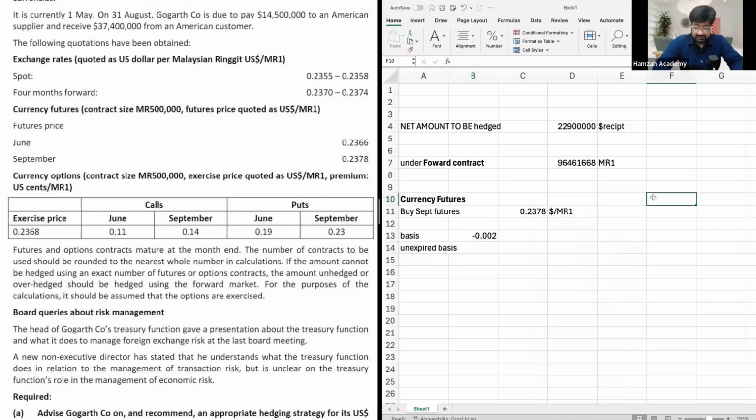Now you need to calculate. What is this today? Today is 1st May. What is the transaction date? 31st August. What is the expiry date of the future? That is 30th September.